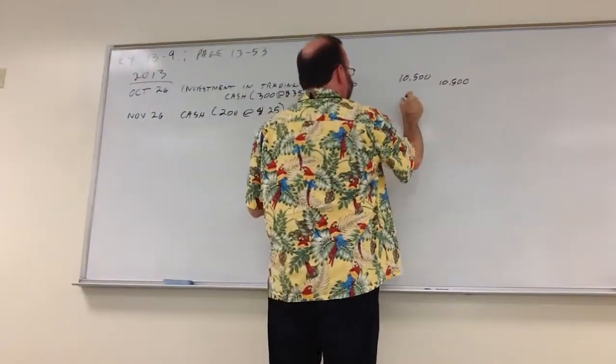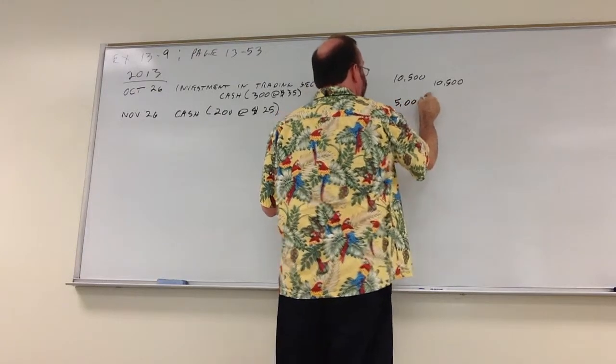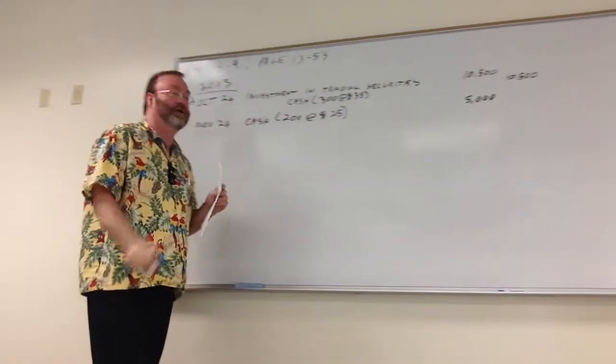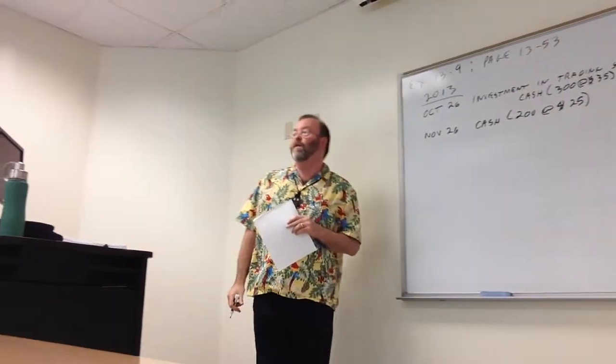That's a total of $5,000. The problem told us that at the end of the third quarter, we wrote down that investment. The original investment was $5,500, but the fair value of those 200 shares at the end of the third quarter was only $5,200. So we've already taken a $300 loss on this stock. But now we're selling it for $5,000.